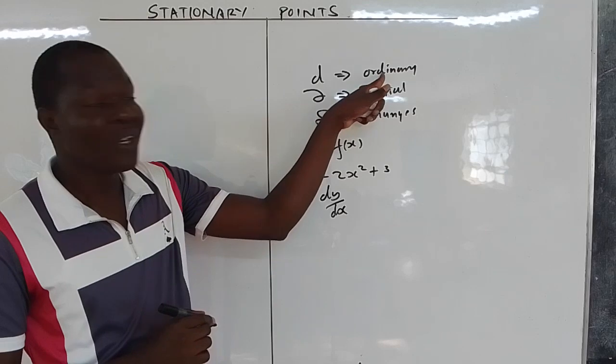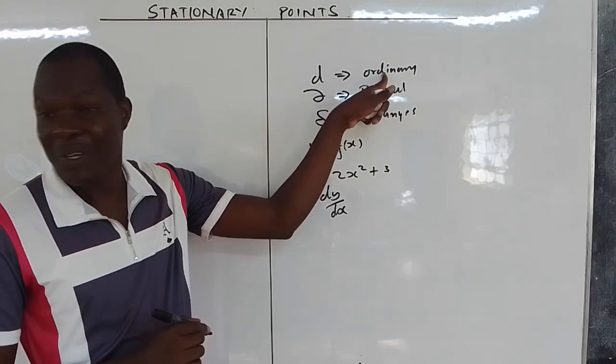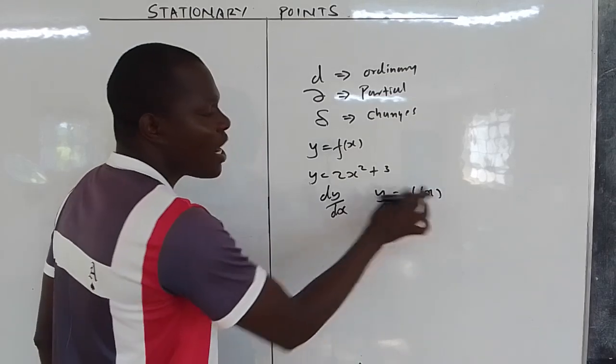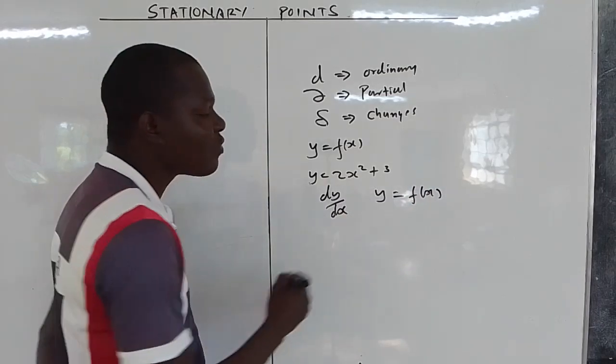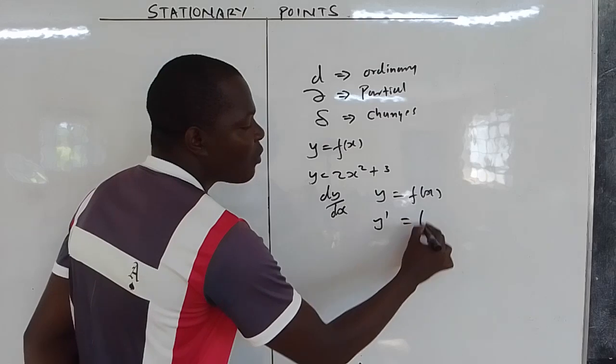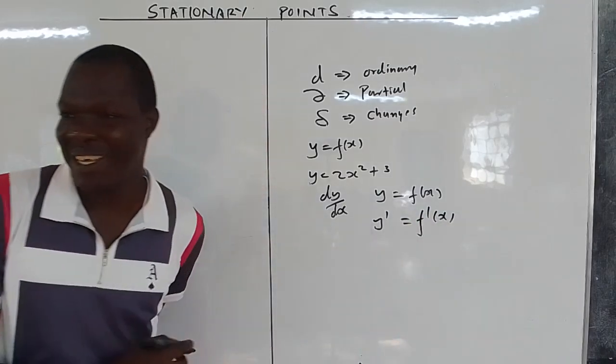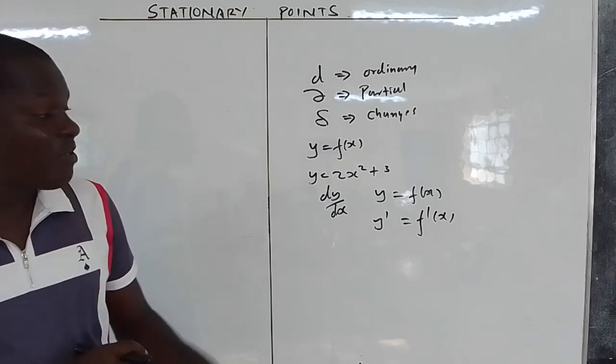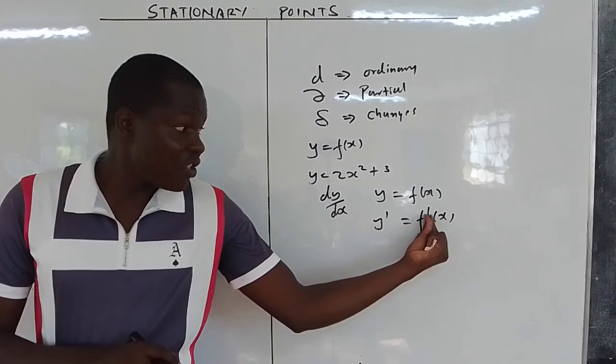That is the ordinary derivative, in that y is a function of x. The derivative of y is also denoted as y prime or f prime of x. The ordinary derivative is denoted by prime.